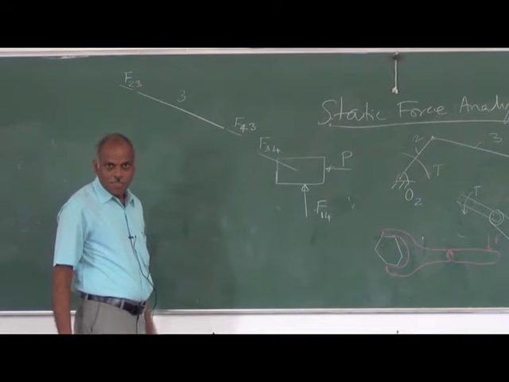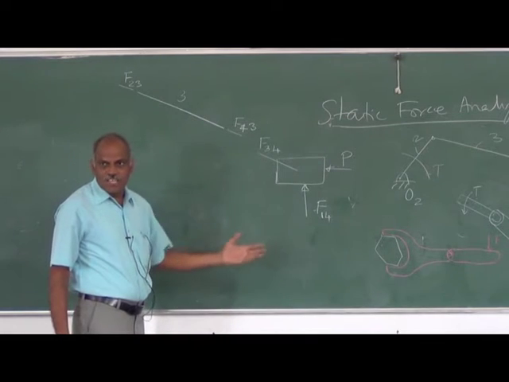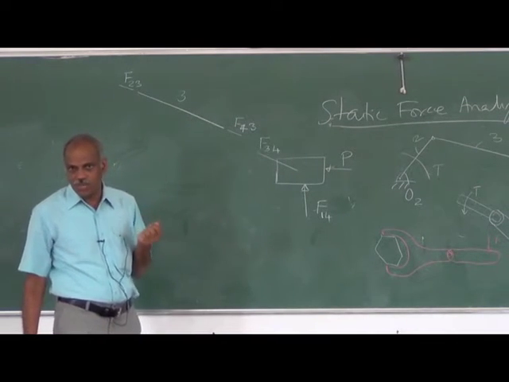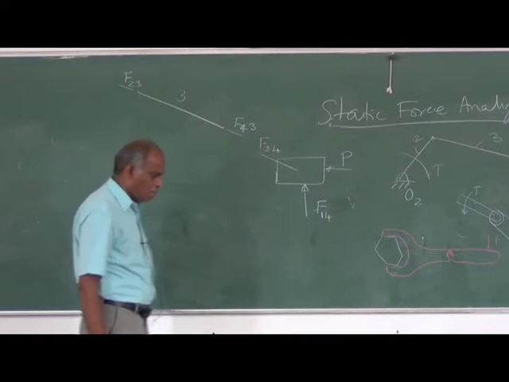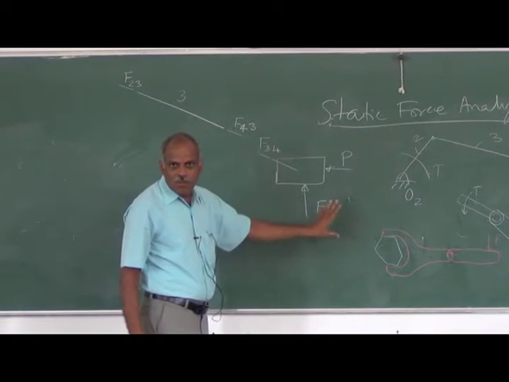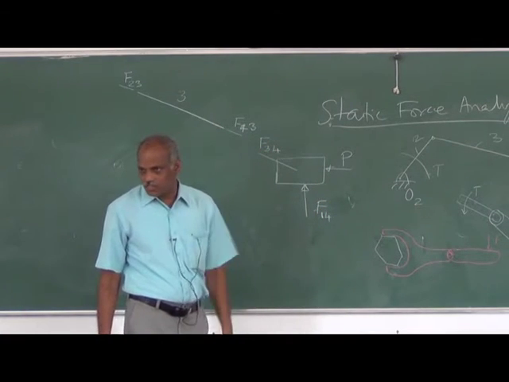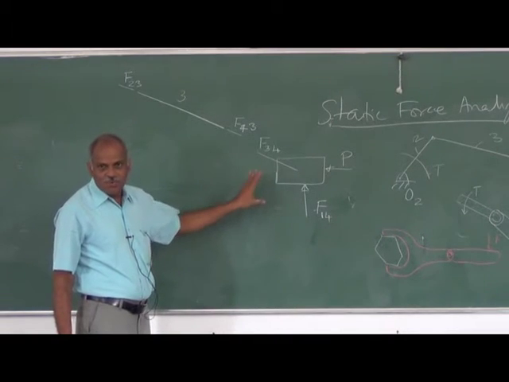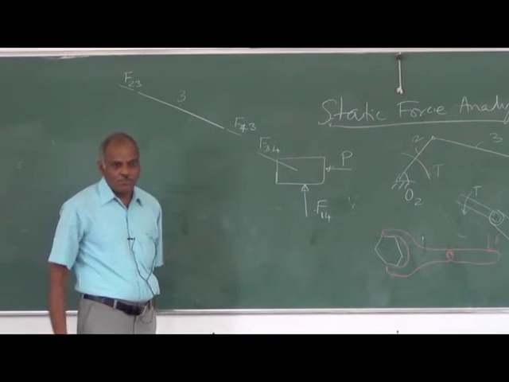If the number of unknowns exceeds the number of equilibrium equations, it is not solvable. Now this is a planar problem. For a planar problem, you have three equations, so with only three unknowns this is solvable.